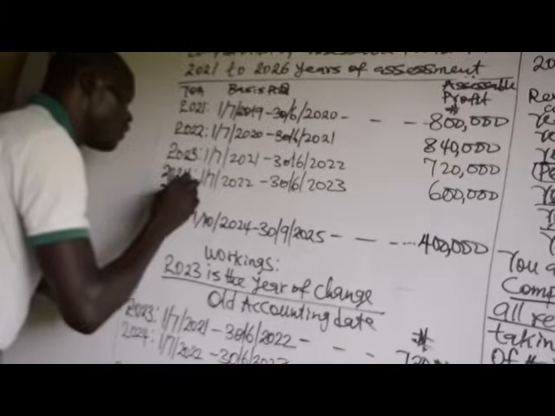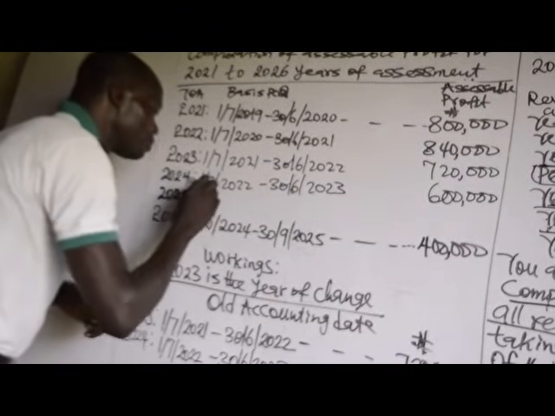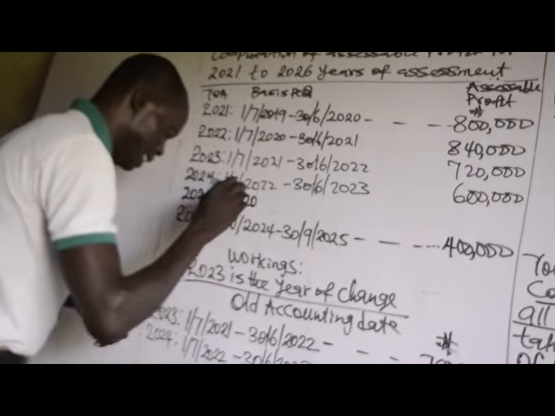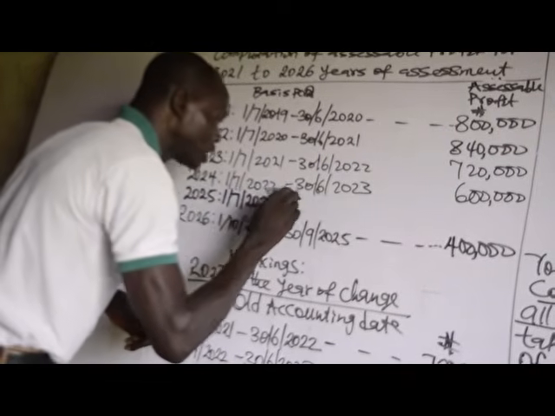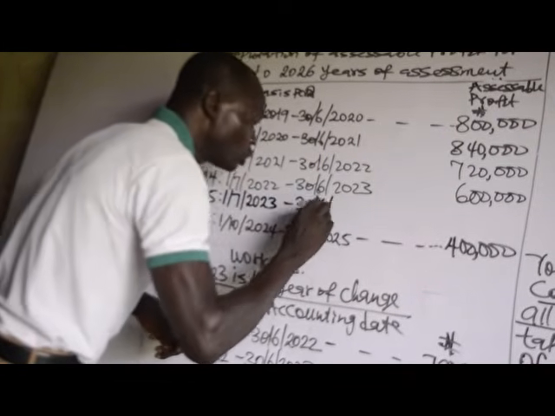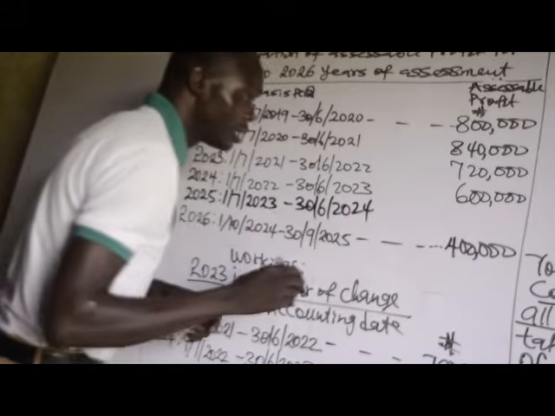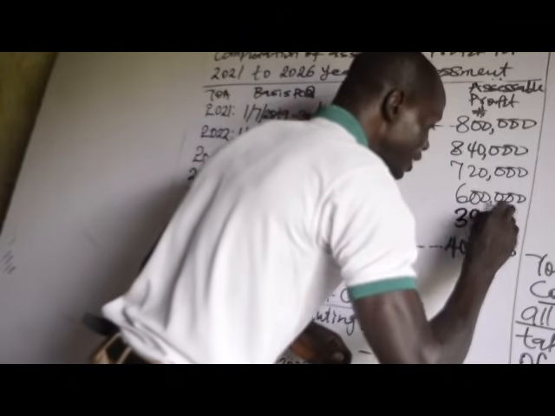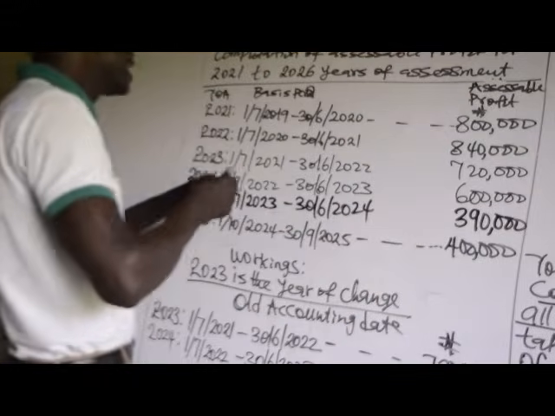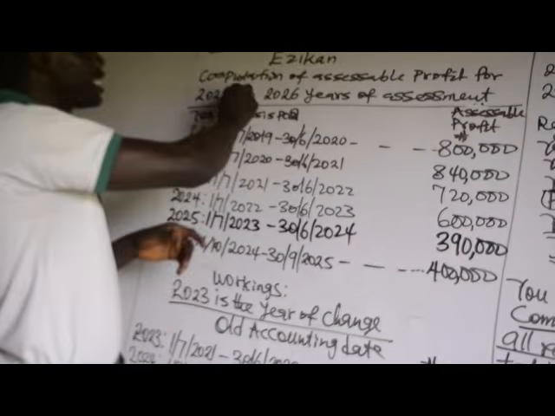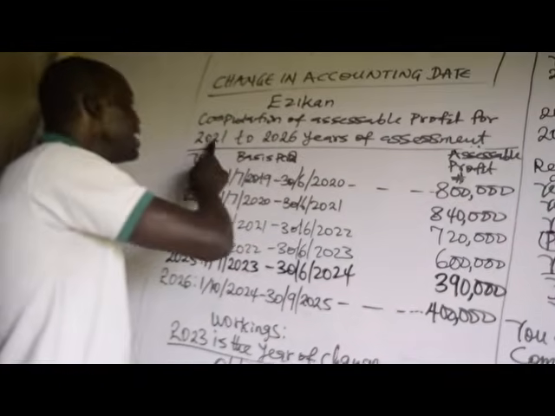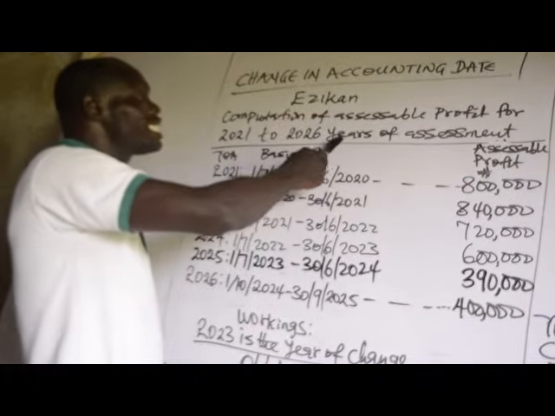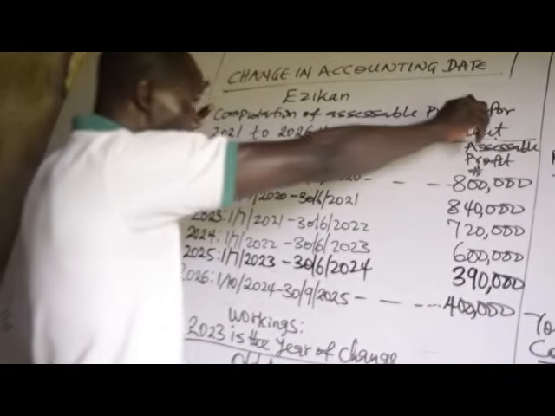So this is the computation of assessable profit for 2021 to 2026 years of assessment.